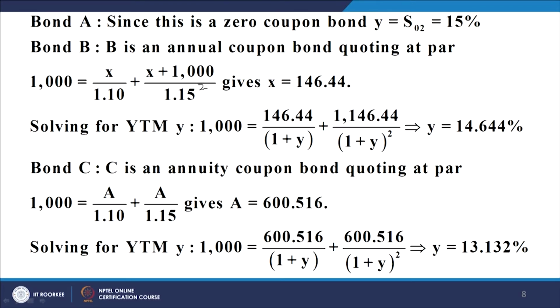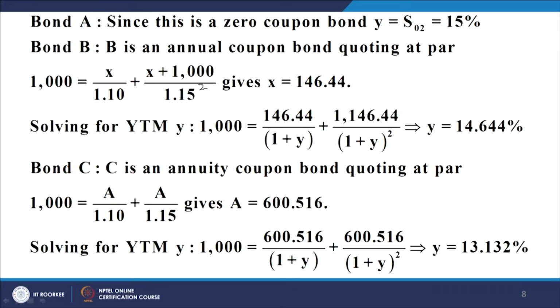So, the total payment is 1146.44. Solving this quadratic equation, we can get y is equal to 14.64%. In fact, you do not really have to solve this quadratic equation, because it is a par bond. So, the coupon rate will be equal to YTM. We have already worked out the coupon rate, it is 14.644%, therefore, the YTM will also be 14.64%, but that can be verified by explicit calculation as well.